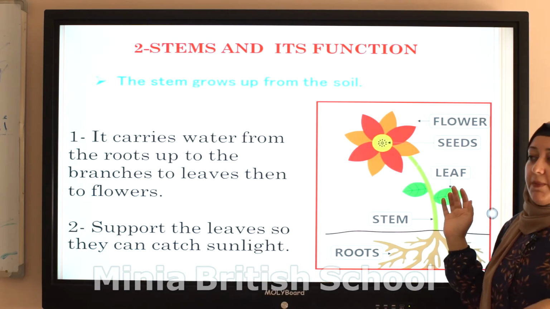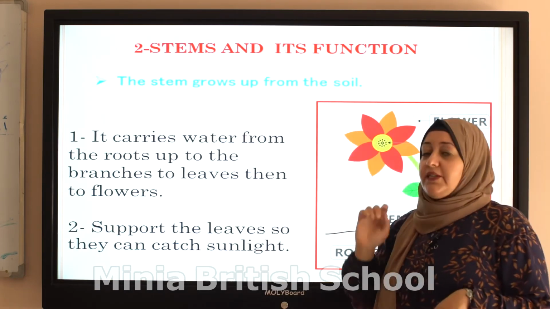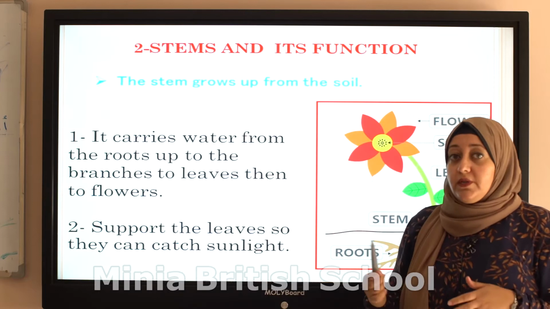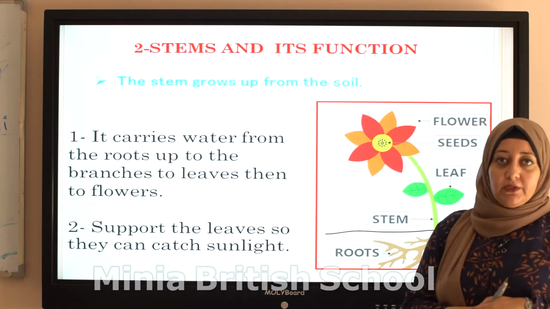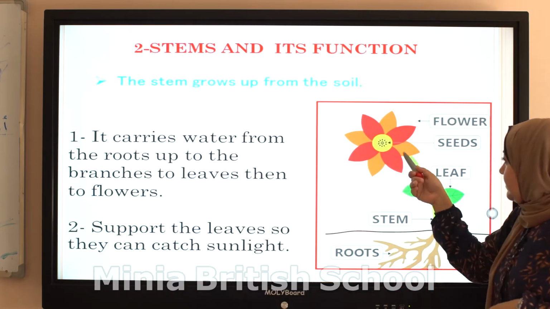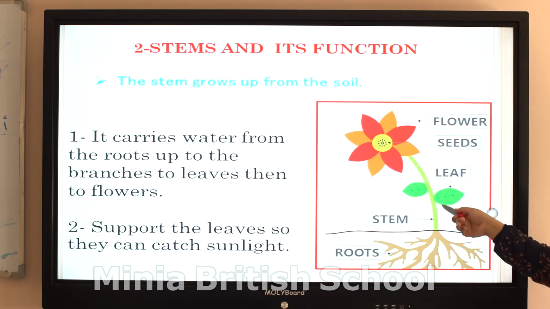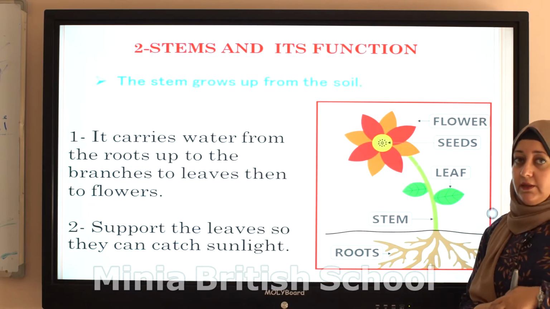Now we will talk about stems and their functions. Also, does the stem have a function? Yes, of course. What is the function of the stem? This is the stem, as we know. The stem is found above the soil, and the roots, we said, are found under the soil.